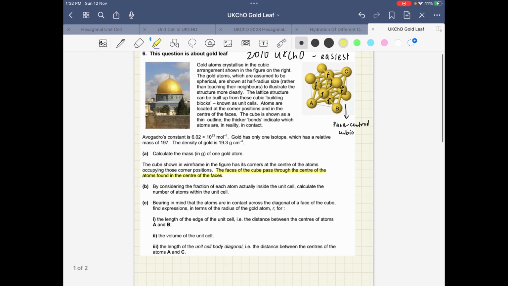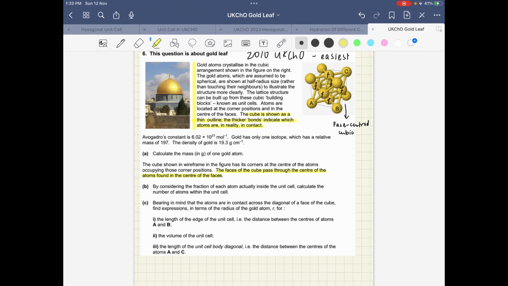This whole text is not very important, so you can ignore it first. This point is quite important: the cube is shown as a thin outline. The thicker bonds indicate which atoms are in reality in contact.